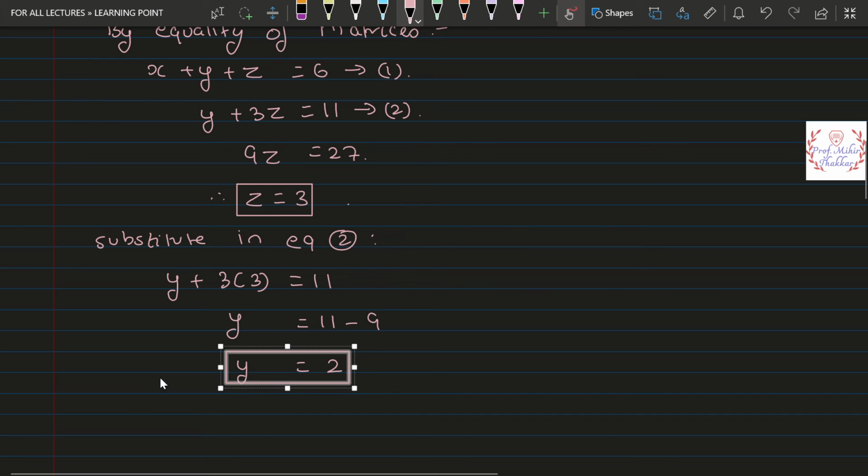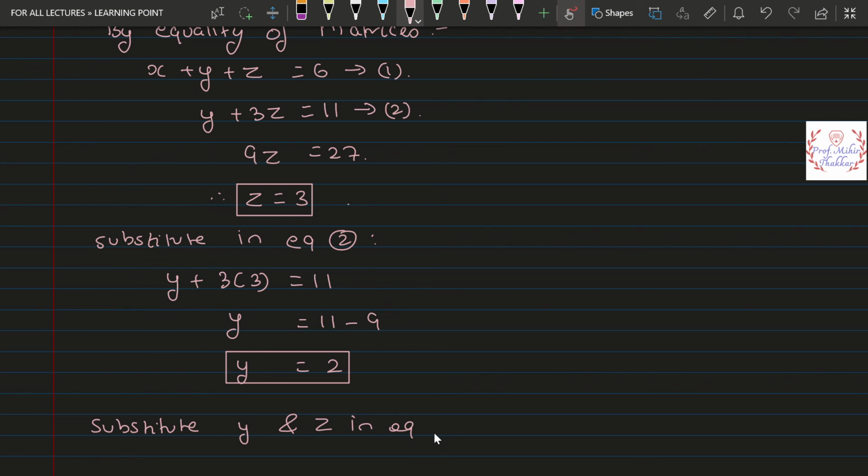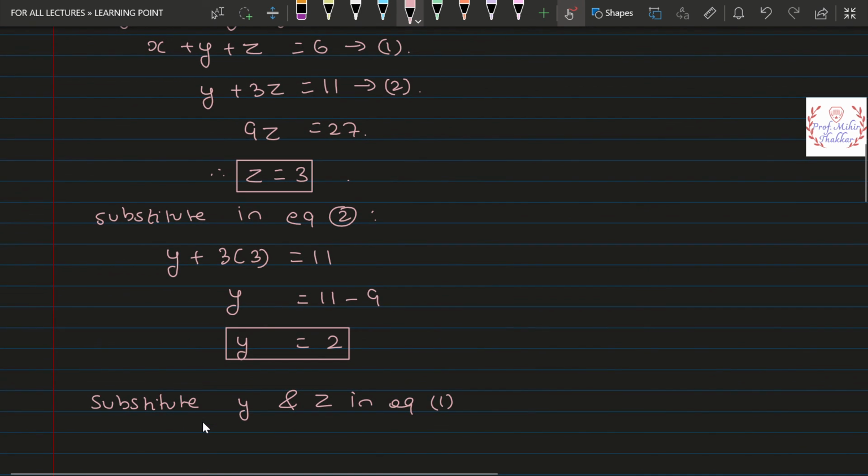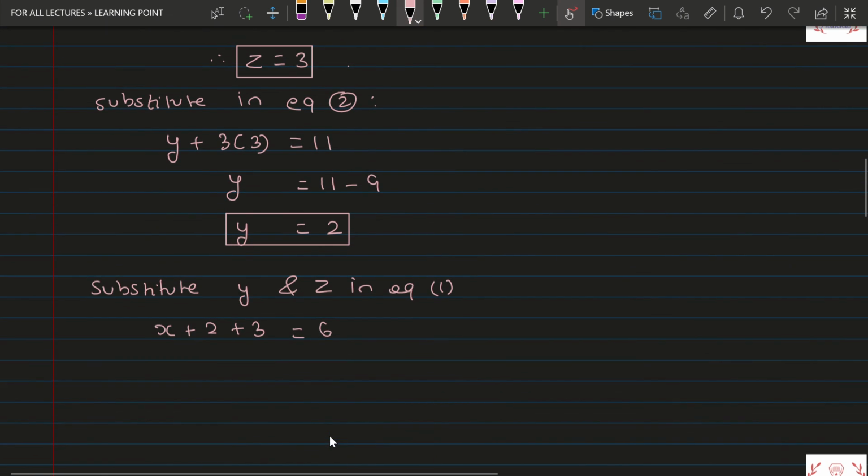And in order to find x, we will say substitute y and z in equation 1. I get over here x plus 2 plus 3 is equal to 6. So in such a case, x is equal to 1.